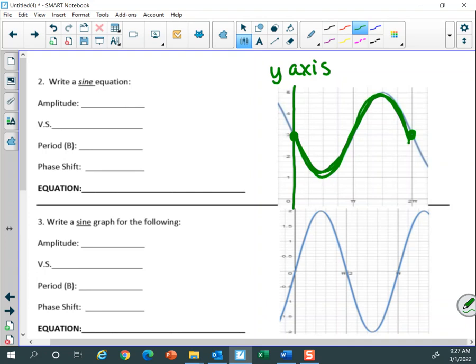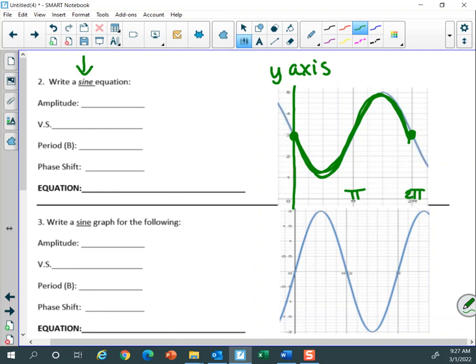What kind of equation are you going to write? This is pi.